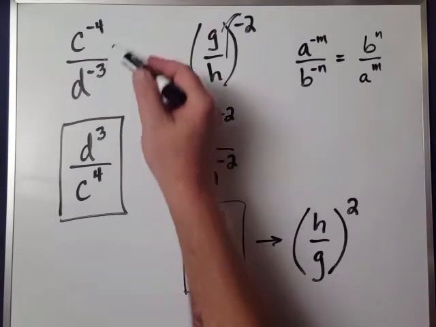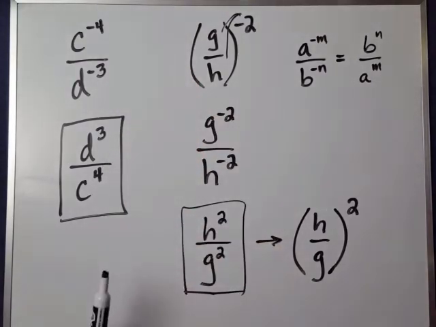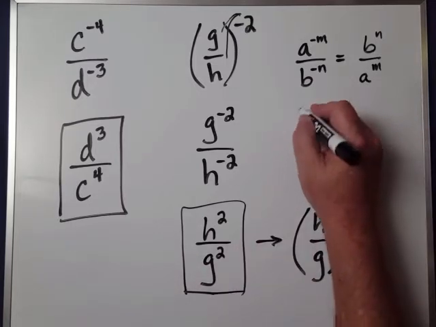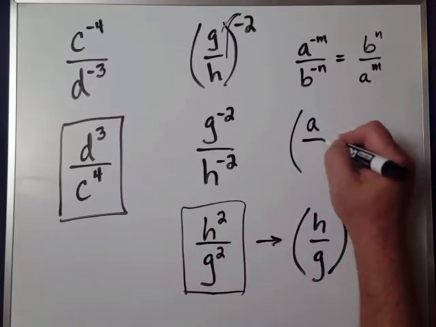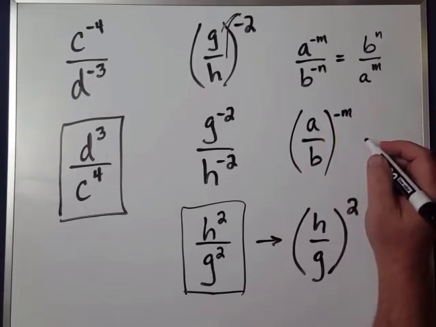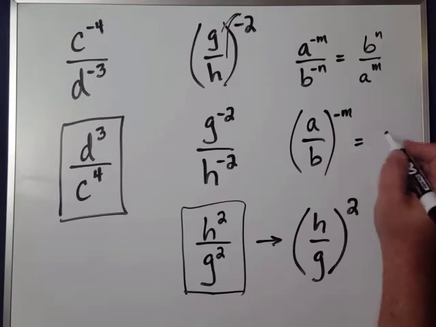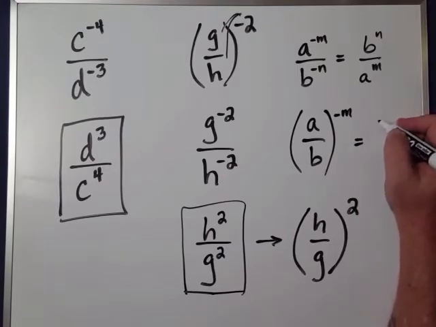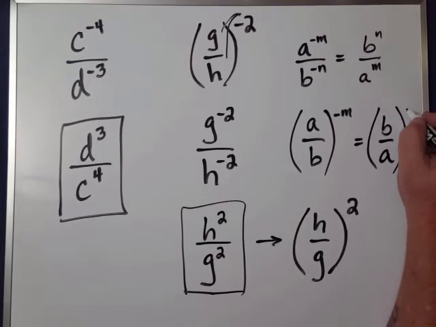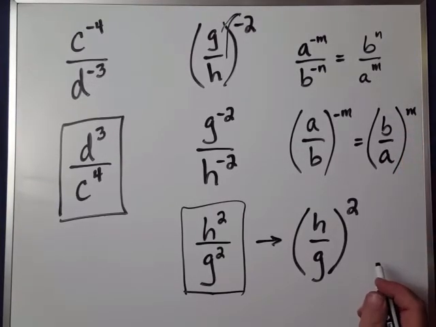And that's what we discovered working our C and D problem. And in this same box, because it really has to do with the same thing, she says if I have a fraction, a over b, raised to some negative power, that's just that same fraction's reciprocal raised to that positive power.